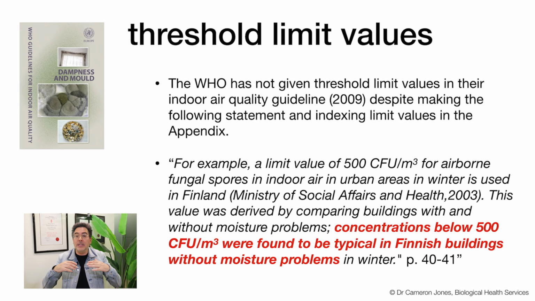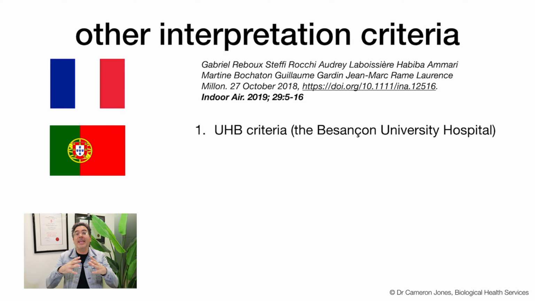What they're talking about is essentially three different criteria that they use to assess dwellings that have known occupants who have been exposed to mold and known health symptoms, and then they compare this to a group of individuals that have no allergy.